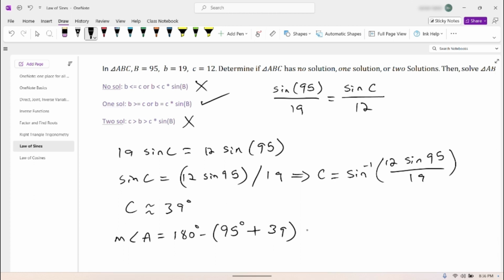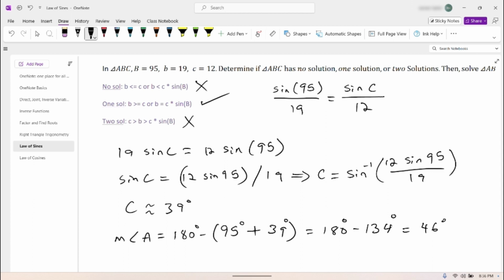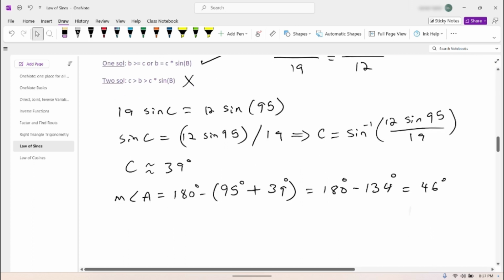So 95 plus 39 is 134. So this equals 180 minus 134, and then this equals 46. Put the degrees there. So the measure of angle A is 46 degrees.